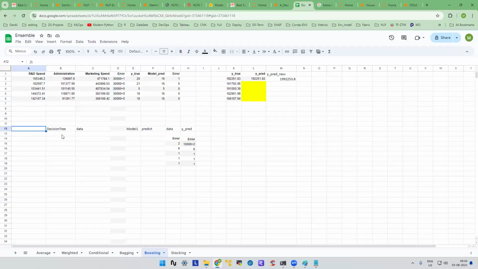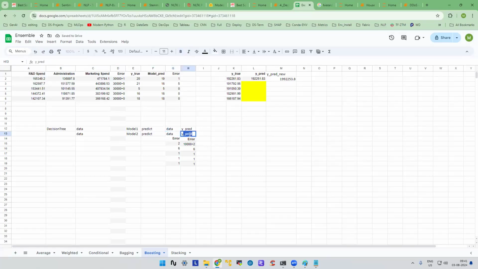The next one is, this data is going to be fed to the decision tree algorithm, this data along with the new column, and it will generate a new model. Once we have the new model, we need to predict based on this data, and it comes up with its own predictions.